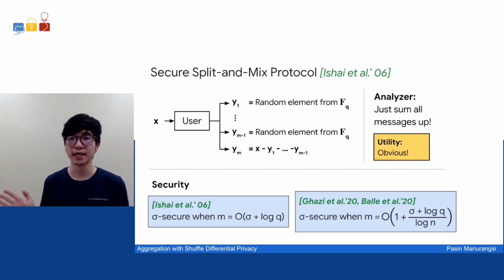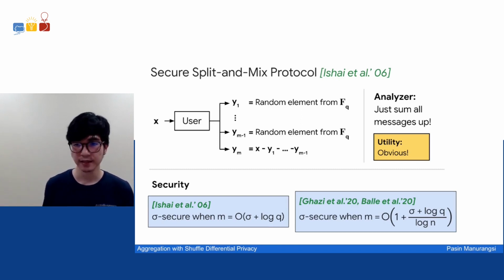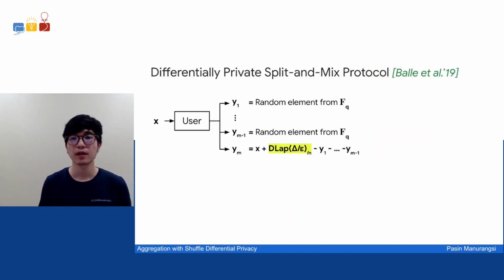So how do you use it in the differential privacy setting? Here's how. First you pick q to be a sufficiently large field. In our case, q can be something like n squared. This would work.